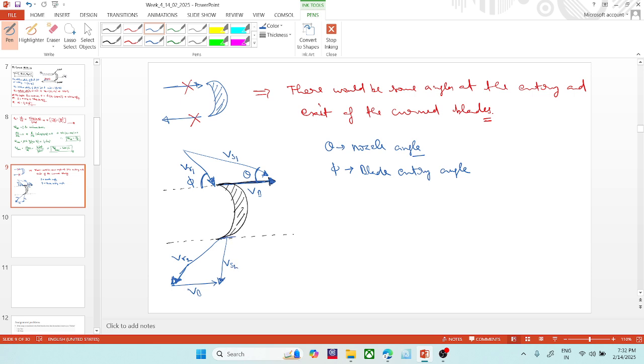This angle is known as del. So del is the fluid exit angle, and this angle gamma is the angle between the horizontal and VR2, the relative velocity at the exit. It is called the blade exit angle.